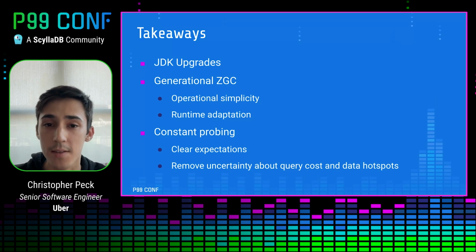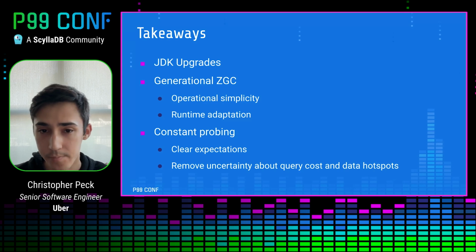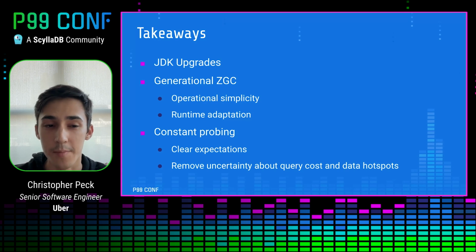In terms of takeaways, I think JDK upgrades are super important. We saw that even without generational ZGC, just using G1 and JDK 21 brings big overall performance and efficiency improvements. Generational ZGC is also very beneficial, at least for our case, but also in general.